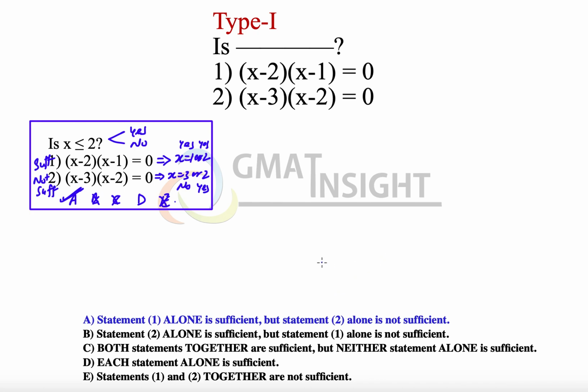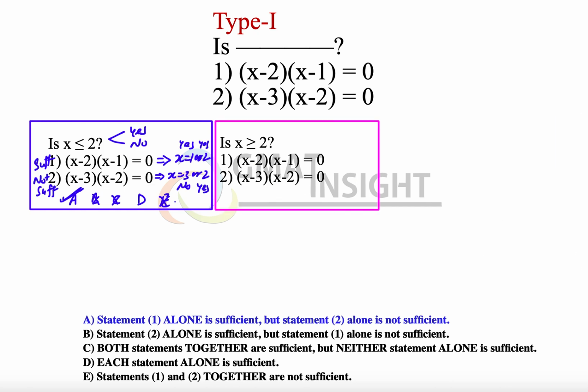That's the first type of question. Now, let's move to the second type of question. In the second question, the question is now asking, is x greater than or equal to 2? If you see carefully, between the first and second question, I have only changed the inequality sign.